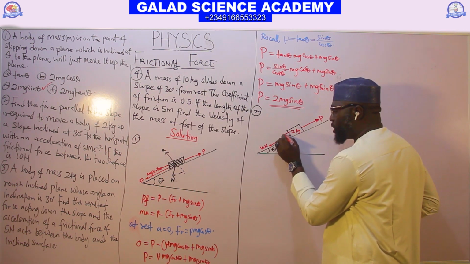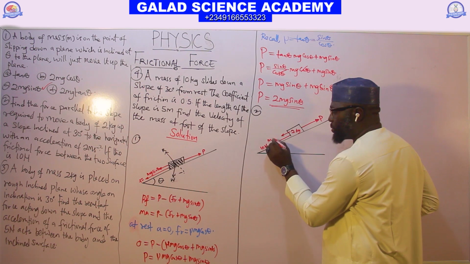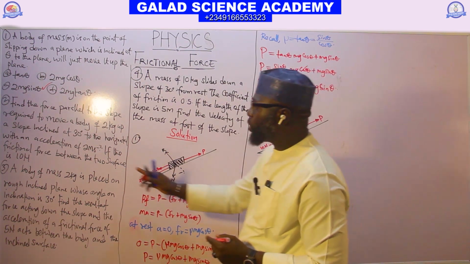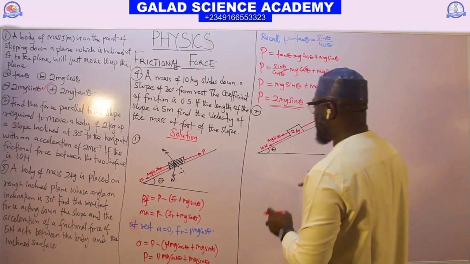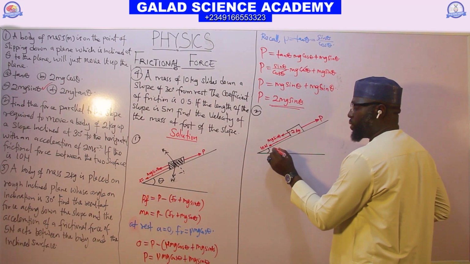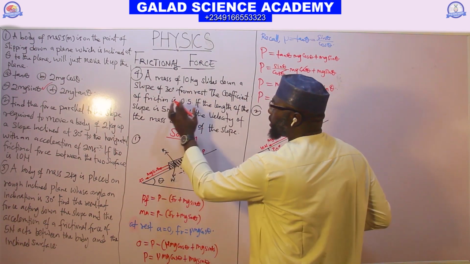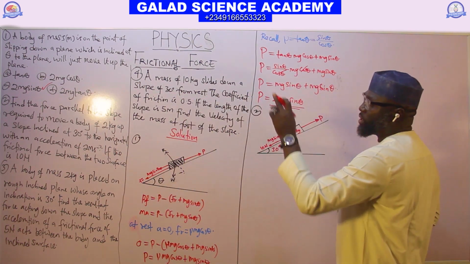And the weight of the body down the slope is mg sin theta. Our angle here is 30 degrees.